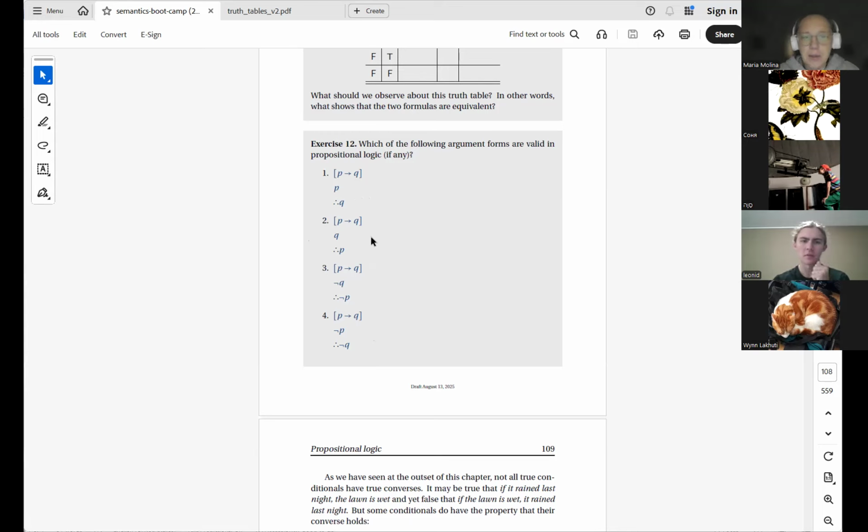And if we think that P is it rained, Q is the lawn is wet, then number 2 would be the lawn is wet, then might be rain, might be not. Say it in terms of 4. What is negation P here?